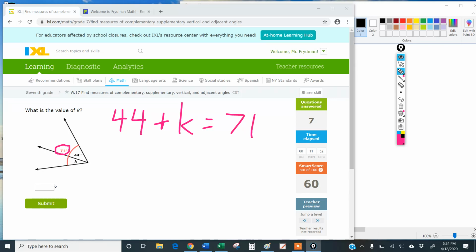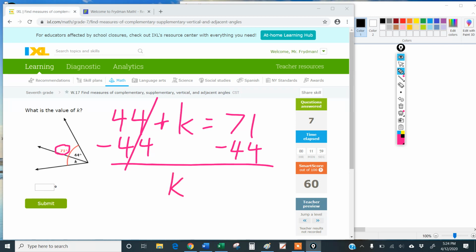So what must K be? Well, again, we'll subtract 44 from both sides, and we'll get K is equal to 27. Just to check that, 44 plus 27 does equal 71. So K must be equal to 27 degrees.